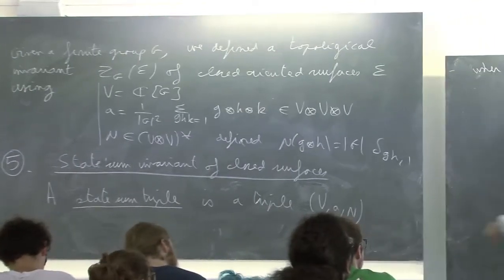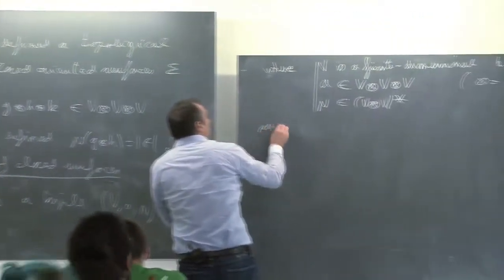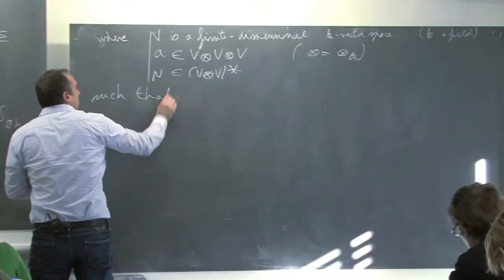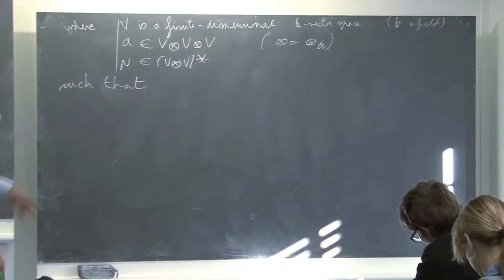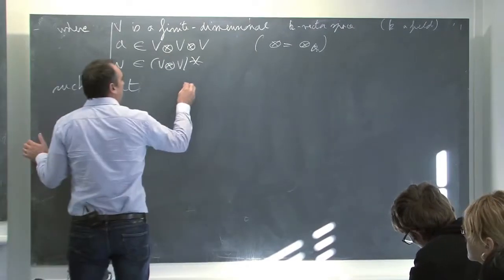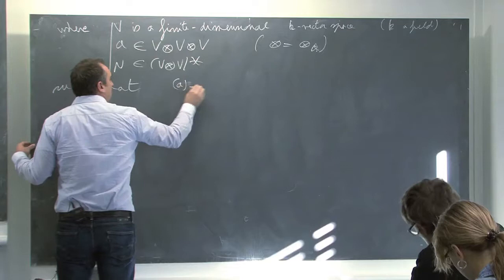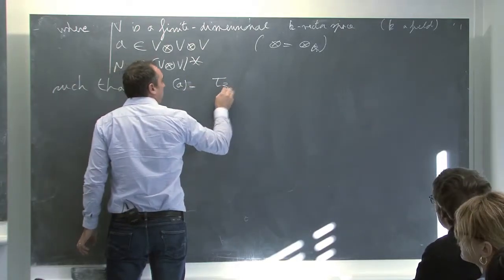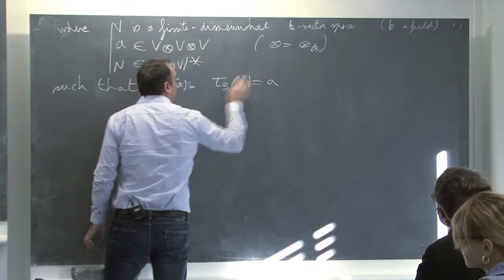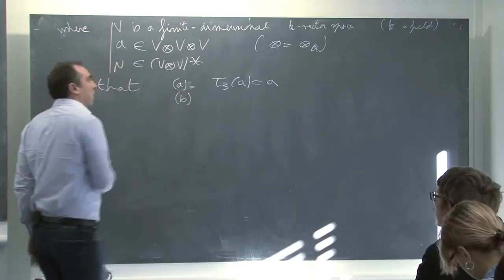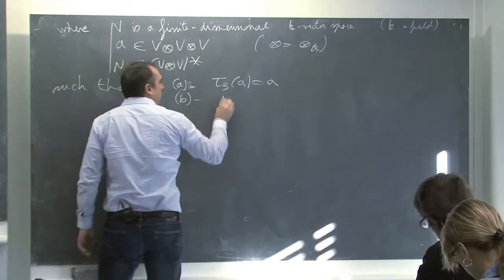So such that, what are the conditions? A: τ_3 of A is A. B: μ is symmetric.